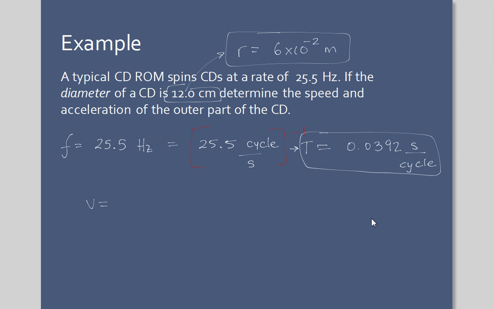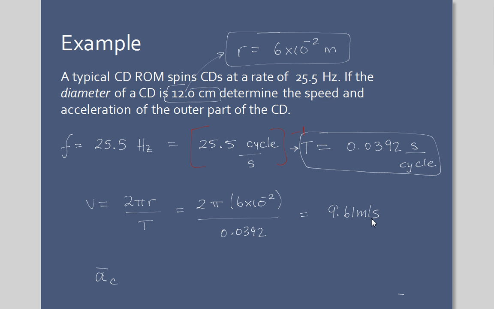So again, v is 2 pi r over t. So 2 pi 6 times 10 to the negative 2 over this 0.0392. So it's about 9.61 meters per second.